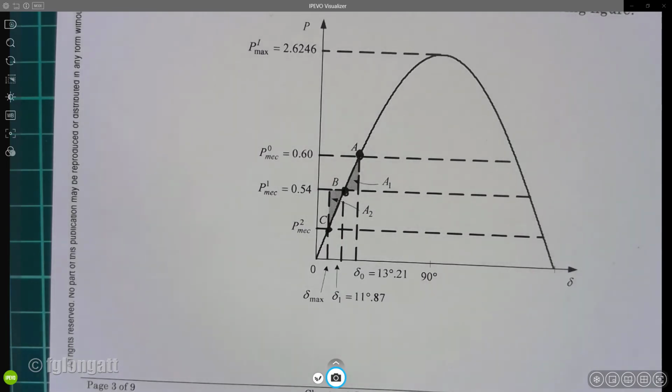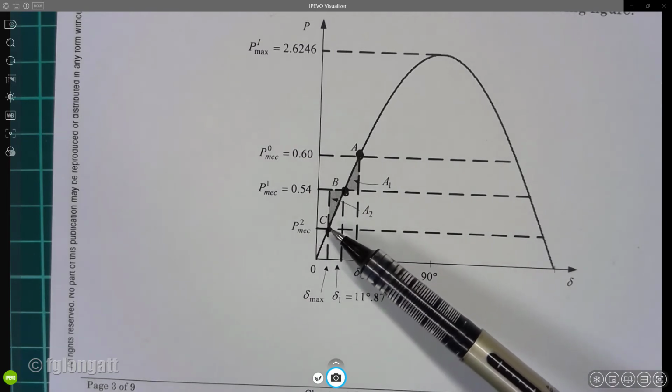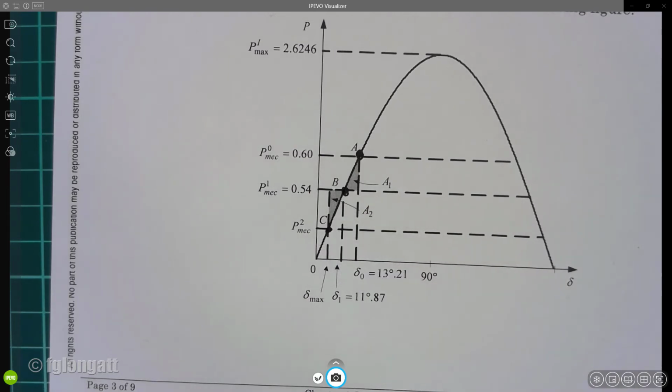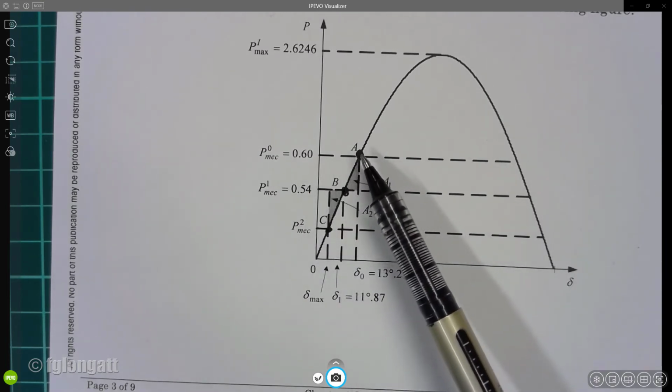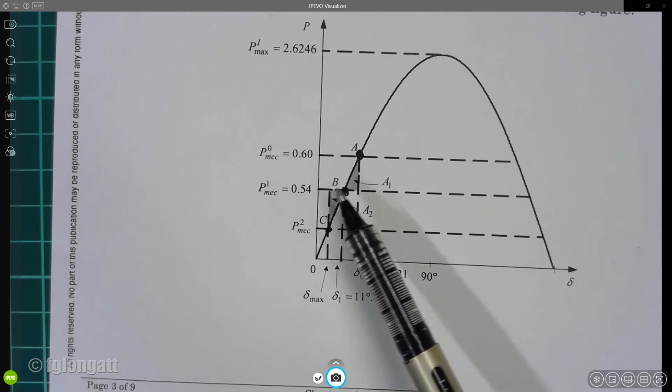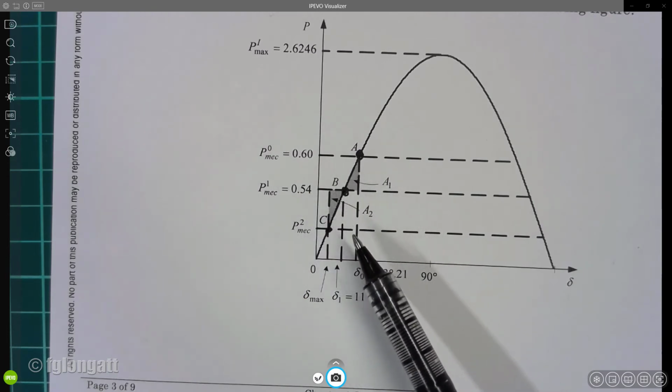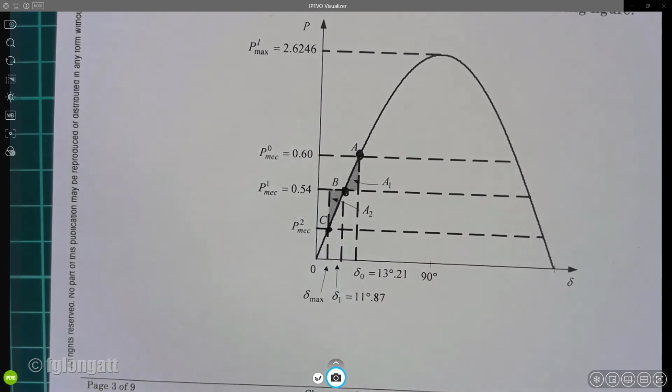It's constant. But what is not constant is this point location C. Okay? What you need to do is the following. Because the power reduction is from A to B, the point B defines the angle delta 1.